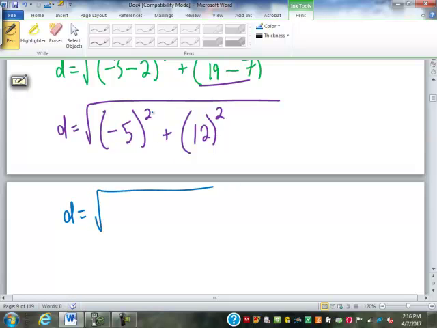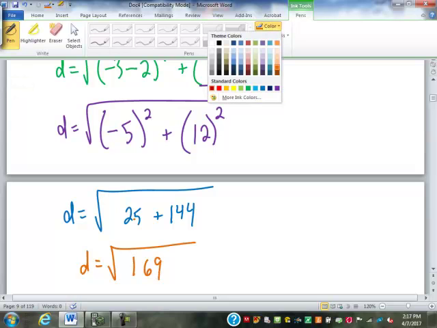So what is the square? What is -5 squared? Positive 25. Good. Remember, anything squared will be positive. 12 squared? 144. Good. Now our next step is going to be to add them together. 25 plus 144 is 169. I'll give you that one.